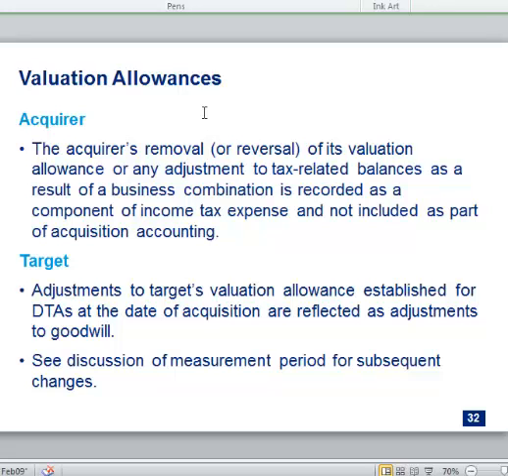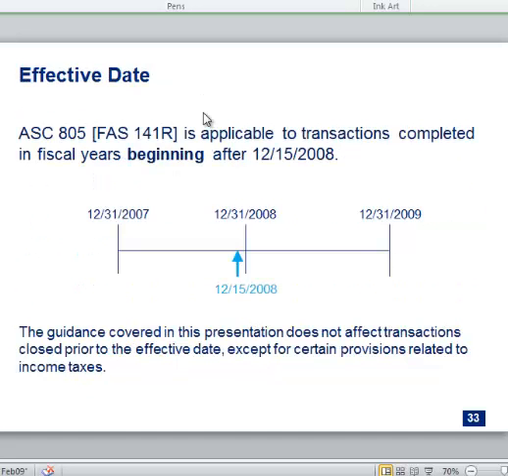Right? Totally possible. It could be that the buyer is very profitable and doesn't have a valuation allowance, but the target's been losing money and the target has a valuation allowance. That's pretty common. Okay? But as we think about valuation allowances, first think, whose are we talking about? Whose, or both? Okay?